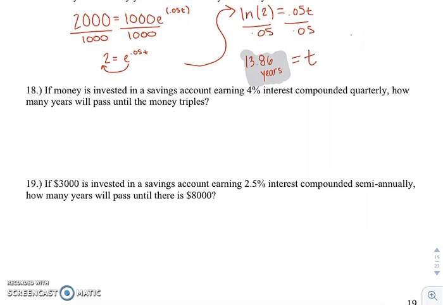So how about 18? If money is invested in a savings account earning 4% interest compounded quarterly, how many years will pass until the money triples? We're using A equals P times 1 plus r over n to the power of n times t.